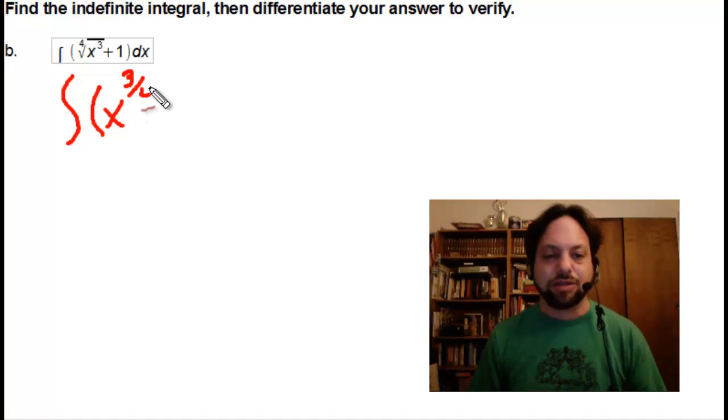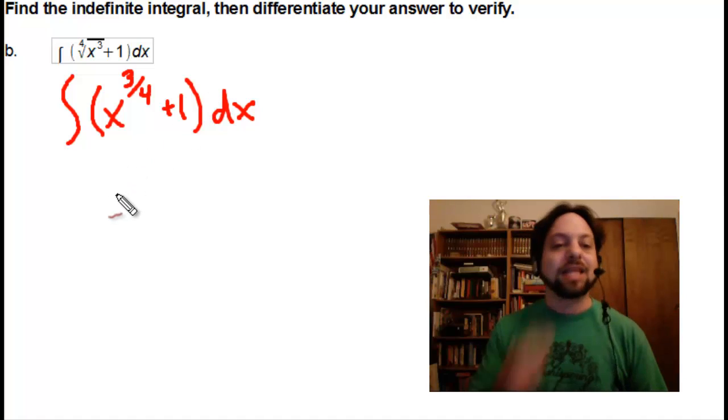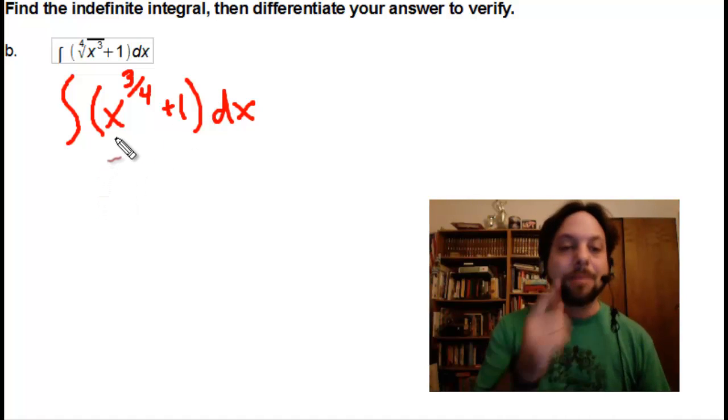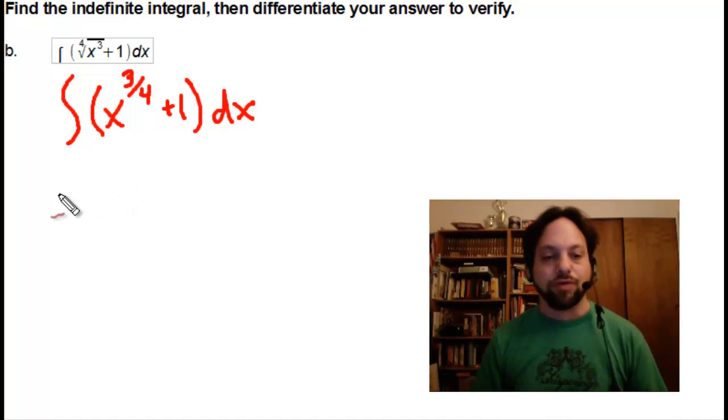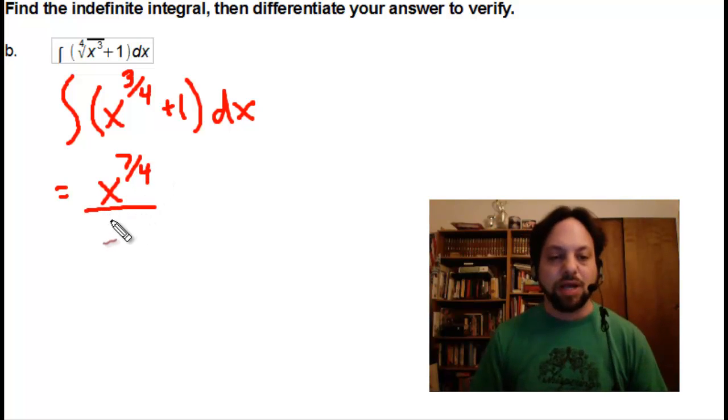I'm going to call this x to the 3/4 plus 1 dx. And I think that's going to be a lot easier to integrate because I can use the general power rule for integrals on this. If I do that, let's see, I have x to the 7/4. I just increased the exponent by 1, and I'm going to divide that by 7/4.